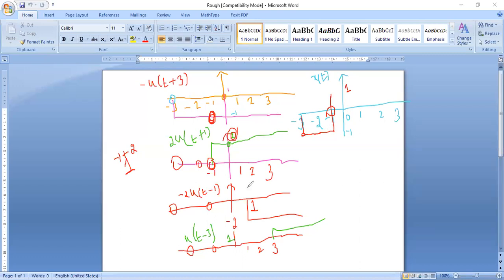Can you check in all the 4 diagrams how much will be the amplitude? At 0, can anybody tell me what is the amplitude? At 0, how much is the amplitude from the first diagram? 1 or -1? Check.